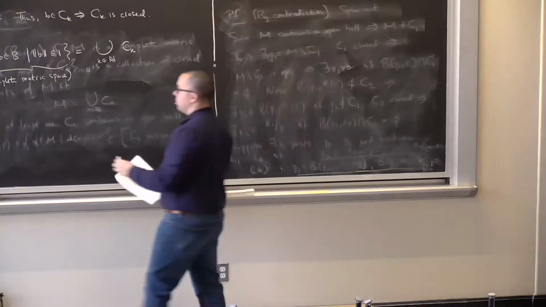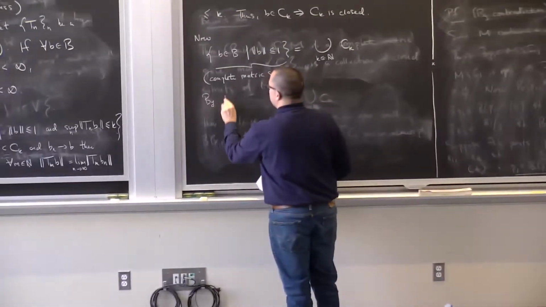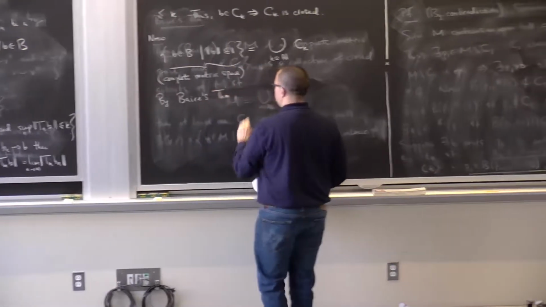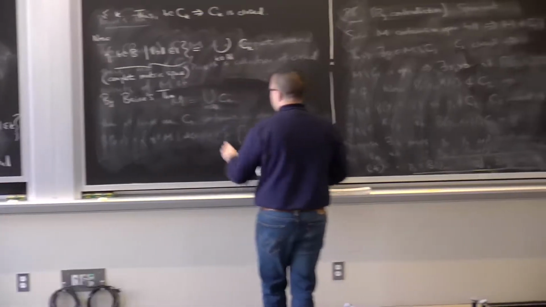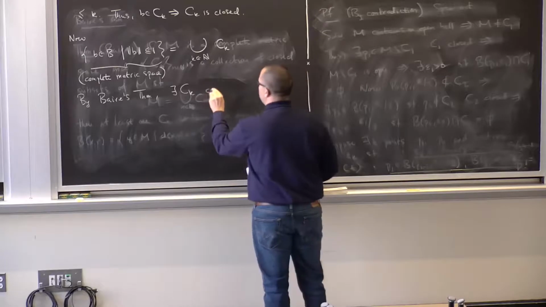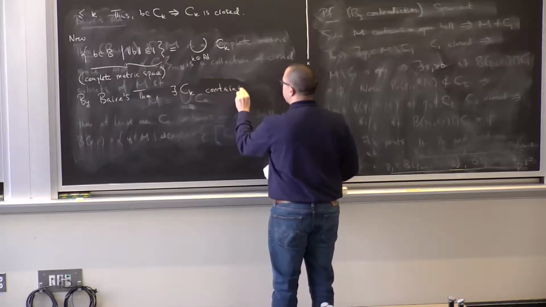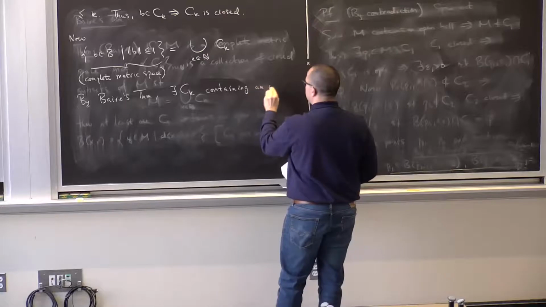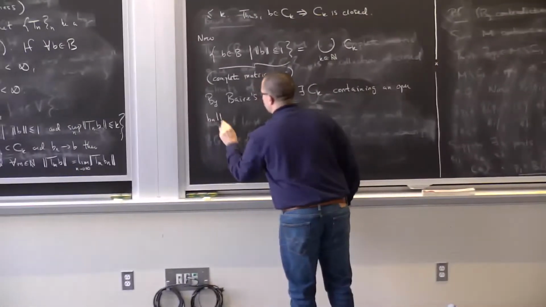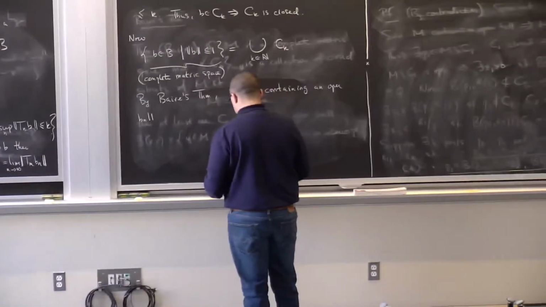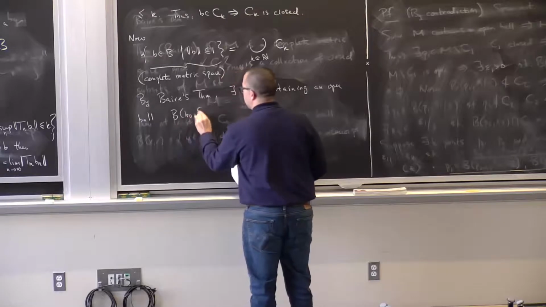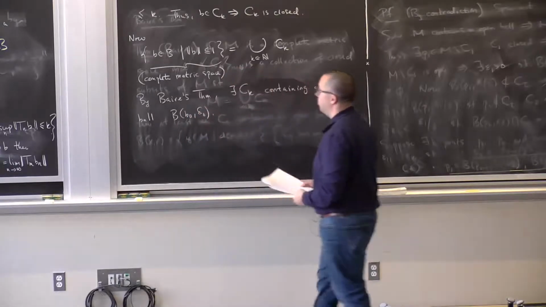So by Baire's theorem, there exists one of these sets containing an open ball of the form B(b_0, delta_0).